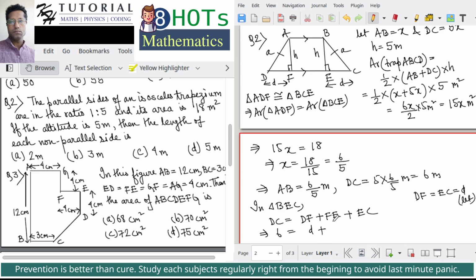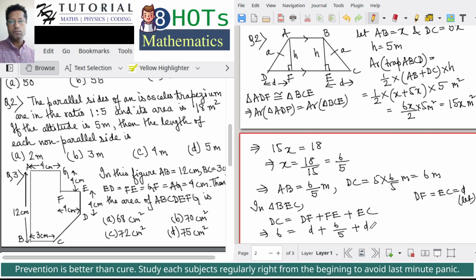FE will be equal to AB, which is 6 by 5. We have already found x to be 6 by 5 and AB was x.